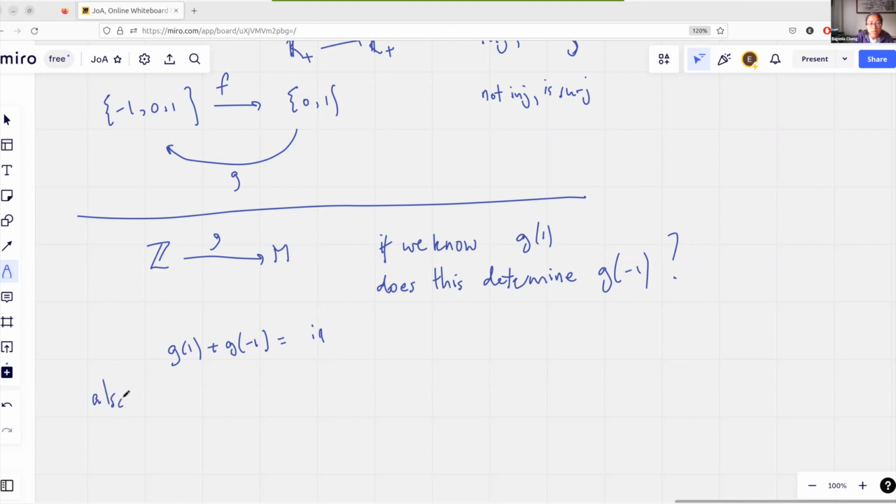So also, because -1 is the inverse both ways around in the integers, this way around also equals the identity.